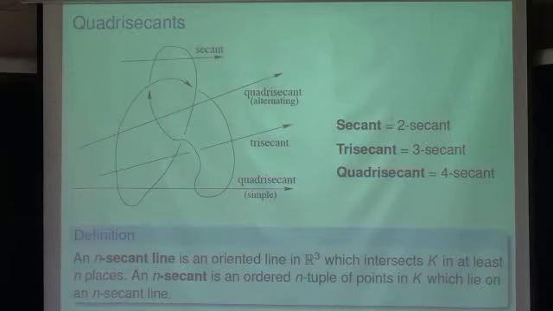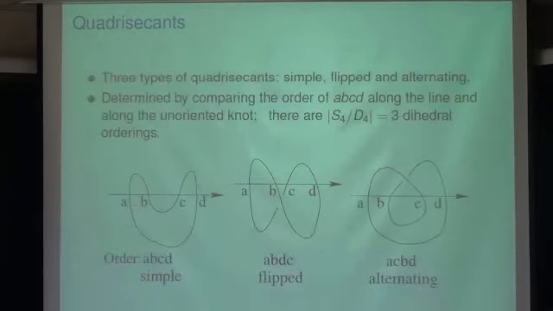And if we're a quadrisecant, that's a 0-dimensional family. So we expect finitely many quadrisecants. That's sort of a rough dimension count. And higher order secants, 5-secants, 6-secants, we don't expect them to appear. But the unknot has no quadrisecants, right? No quadrisecants. So something interesting is happening.